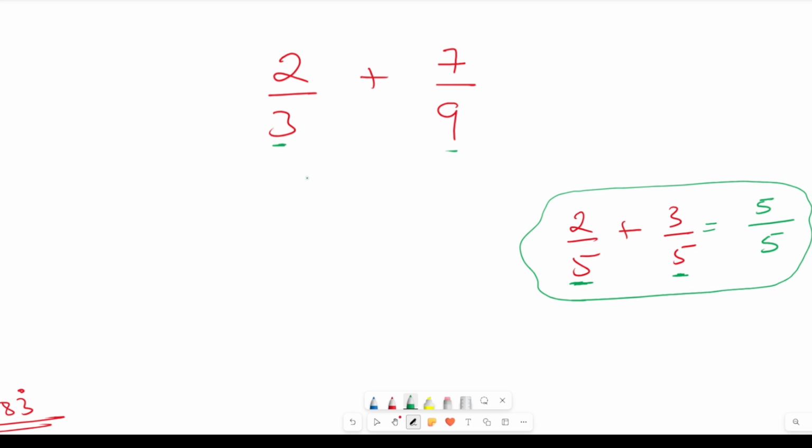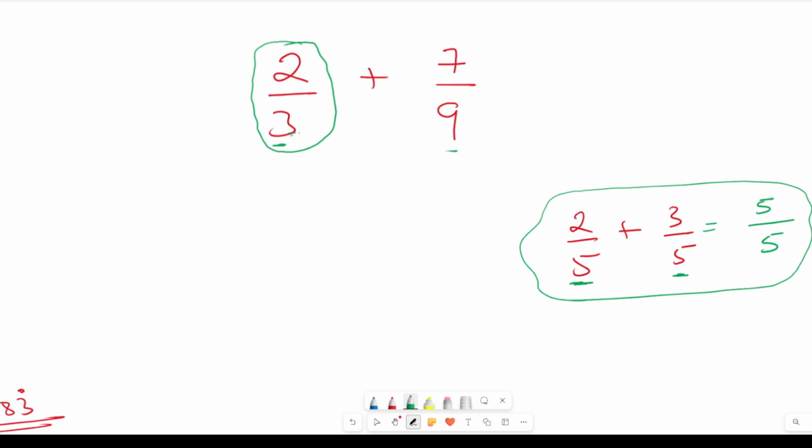Here, I can either find an equivalent fraction and change this to have the same denominator as that, and then use it. Now, not every fraction can be solved by using equivalent fractions, because if the denominators are not common multiples, it will be almost impossible to solve addition or subtraction of fractions using equivalent fractions.